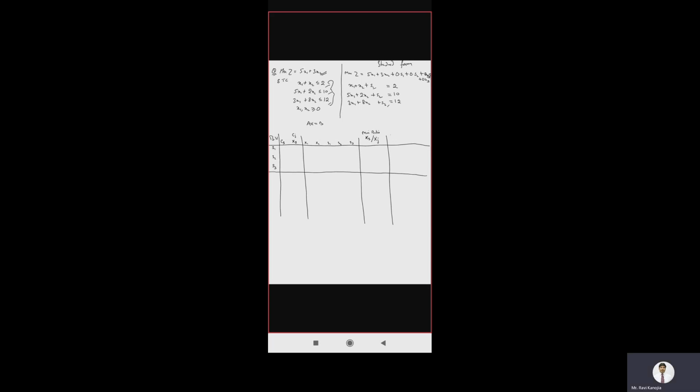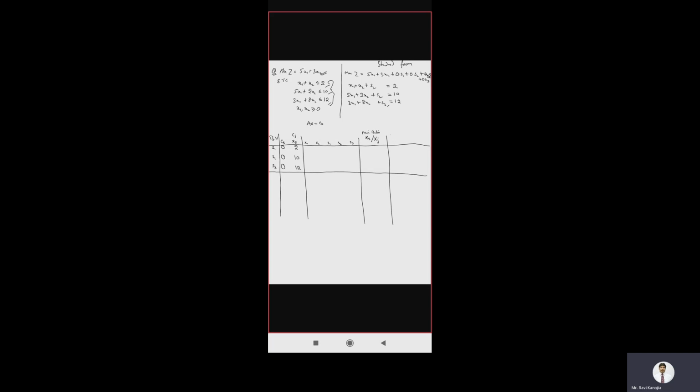The coefficient of the basic variable s1 is 0, s2 is 0, s3 is again 0. Next is the solution of the constraint equations: 2, 10, 12, the right hand side of the constraints. Okay, so that is done.